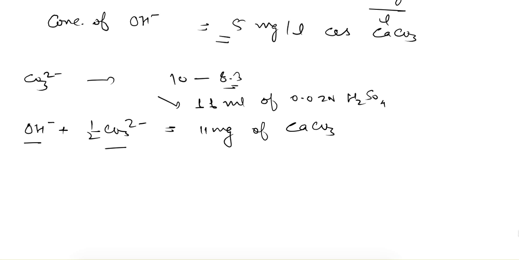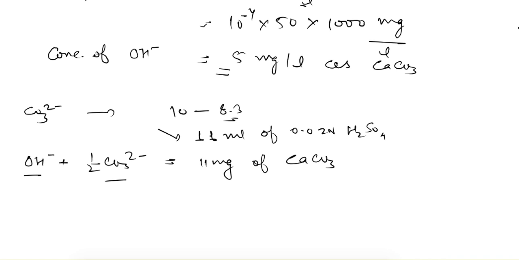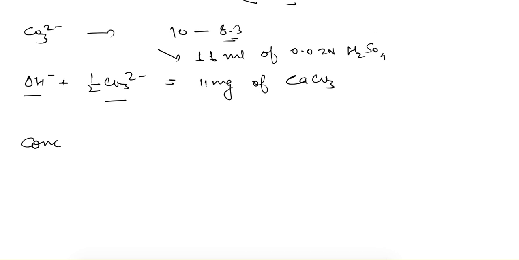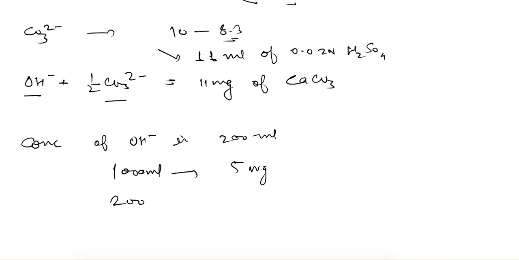Okay, so we know the concentration per liter for OH minus ion, so we can find out the quantity of OH minus ions in 200 ml. In 1 liter we have 5 milligram, in 1000 ml we have 5 milligram. So in 200 ml it would be 5 by 1000 into 200, that is equal to 1 milligram.